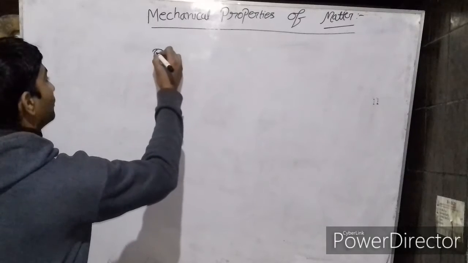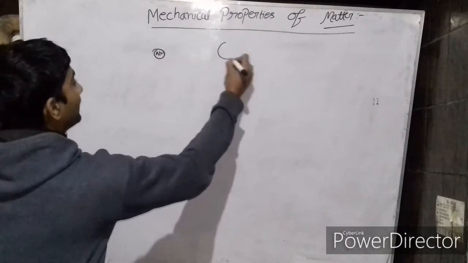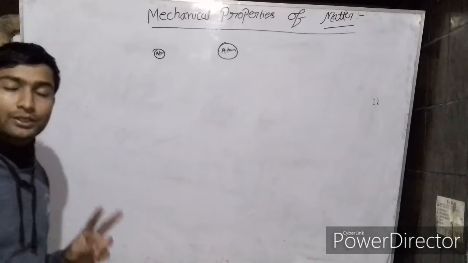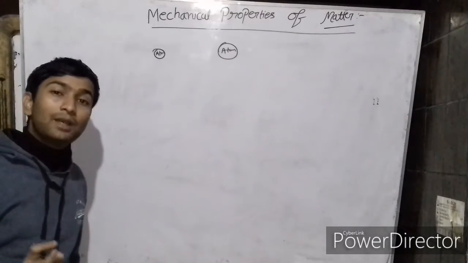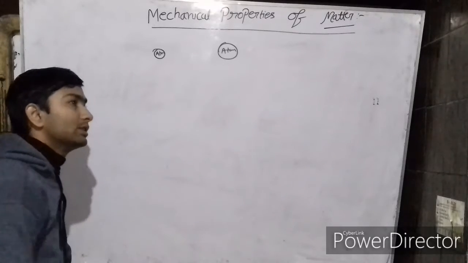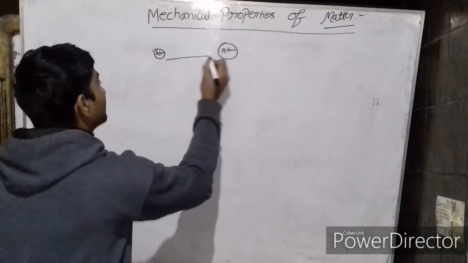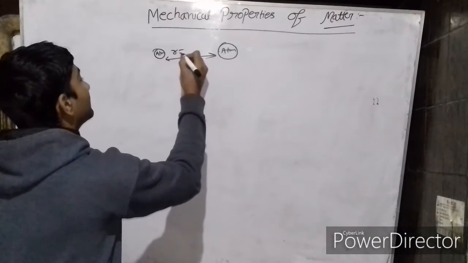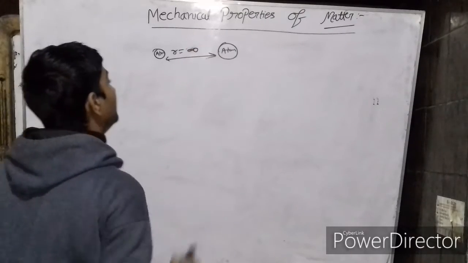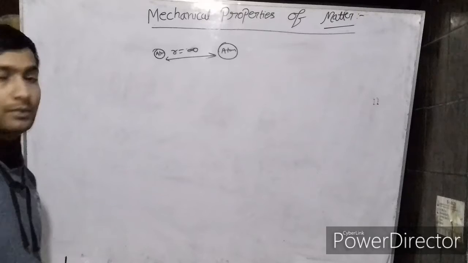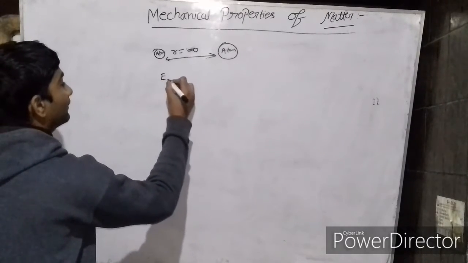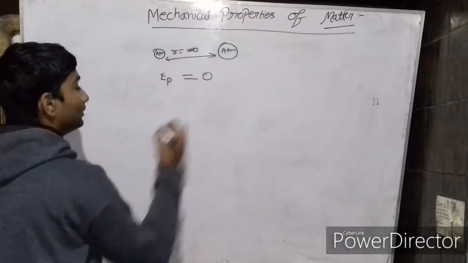When two atoms are brought together, here is one atom and here is another atom. This is a simple rule and applies to both atoms and molecules. When two atoms are at a very large distance, let's take this distance r equal to infinity, then the potential energy will be equal to 0.